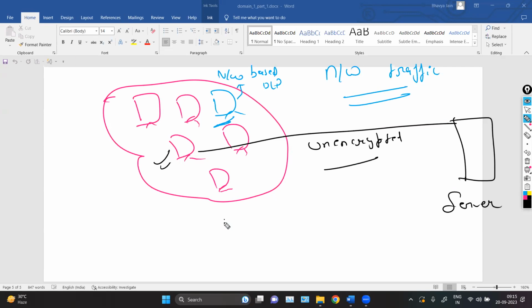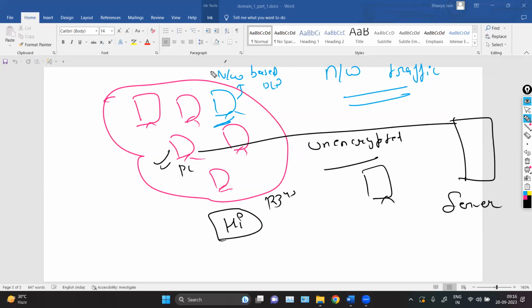Whatever you transmit, let's say you're transmitting hi, is in plain text. If it is plain text, then anyone can check it. Let's say an attacker is sitting in the middle between this PC and the server. Now this attacker can see all your messages, all your passwords, everything.